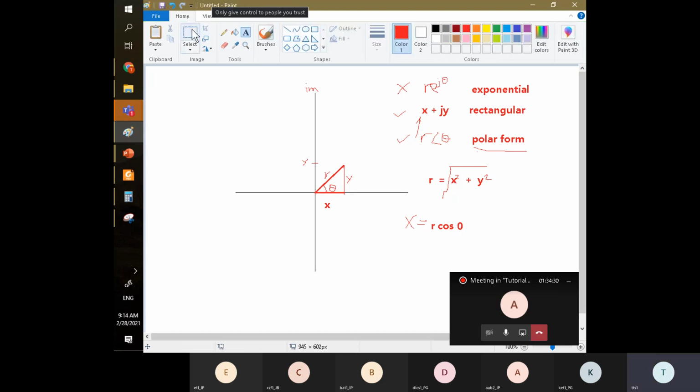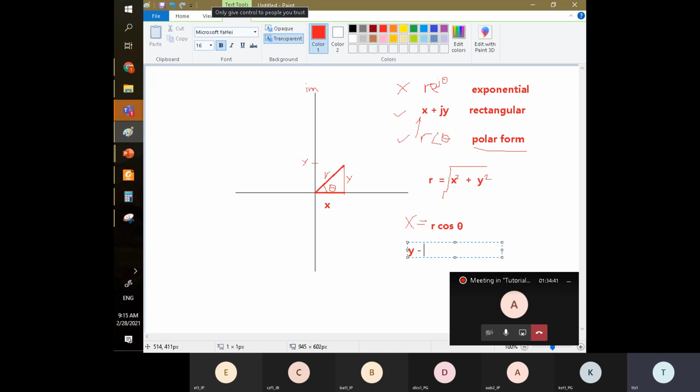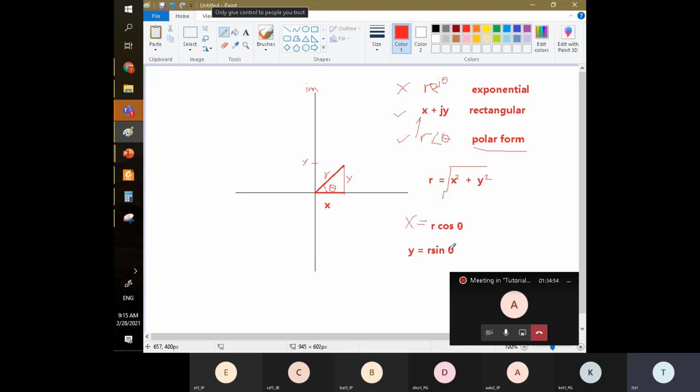R cosine theta is x. To convert to y, it's about the same thing. Y is equal to r times sine theta, right? This is the theta. So you can convert from here to here, and here to here.